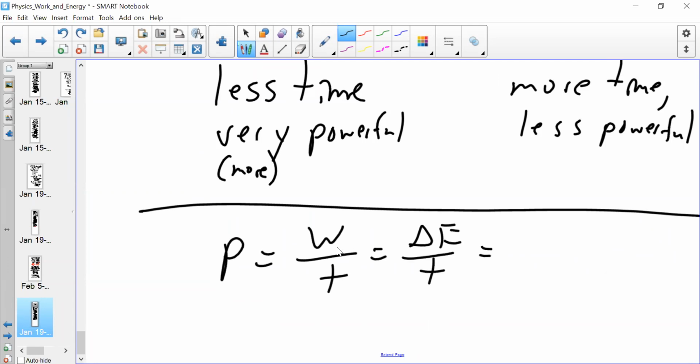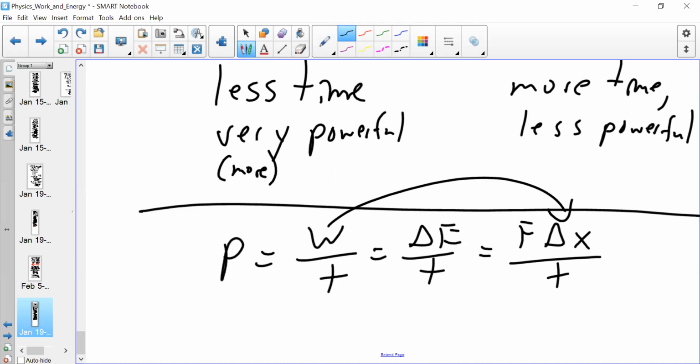We also know that work is force times displacement, so this work is equal to F delta x over delta t, because it is a time interval. Technically this all takes an amount of time. It's not just instantaneous, it is a time period to do something, to change your energy. So work is F delta x over delta t.